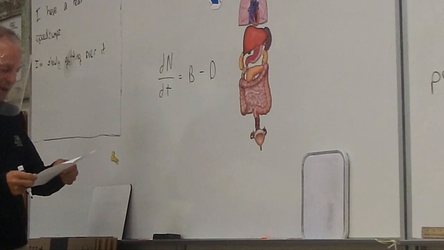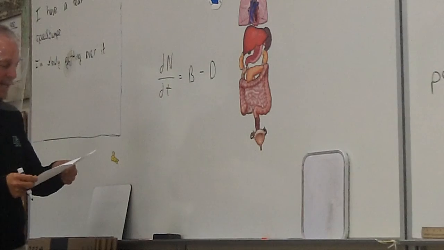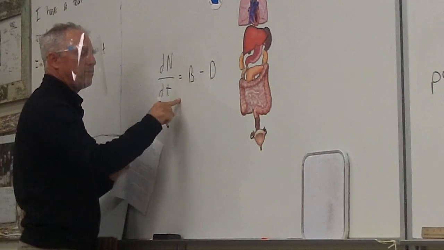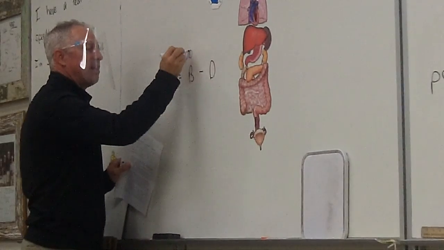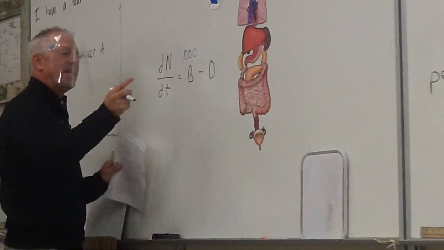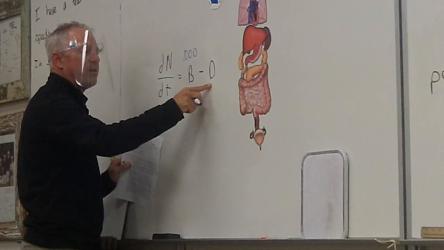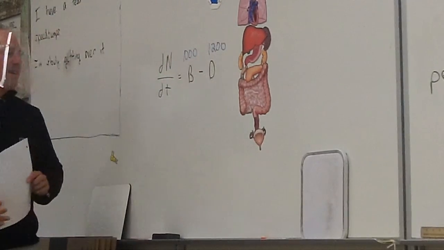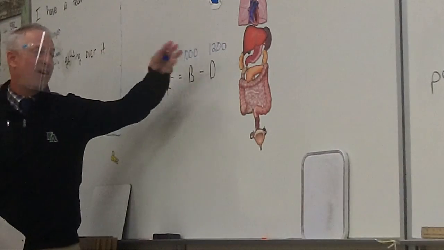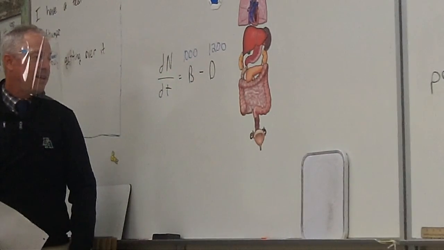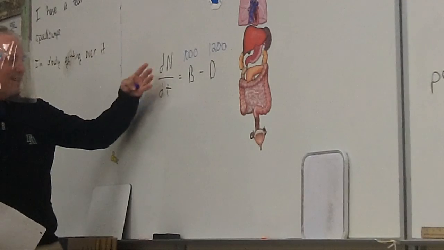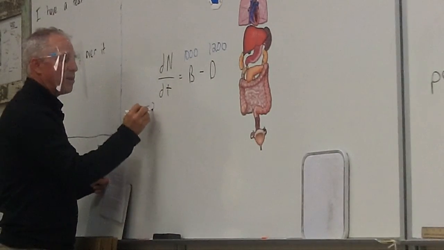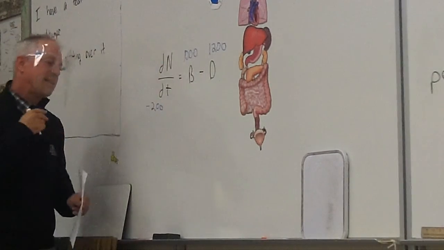So for number 2, how many were born each month? 1,000 were born in the month. How many died? 1,200 died. If 1,000 were born but 1,200 died, you'd have a net change of minus 200. That's what dN/dt is.